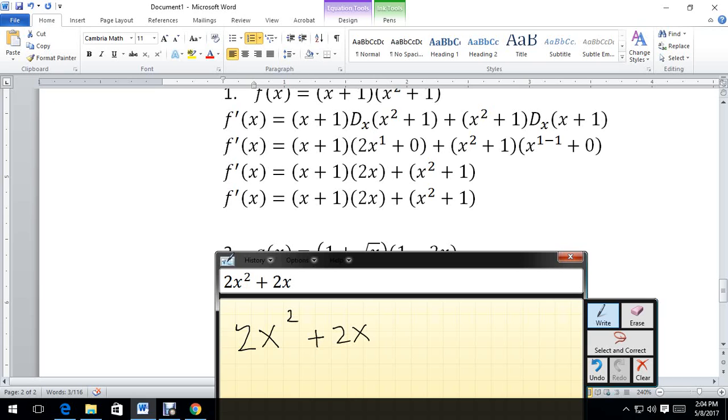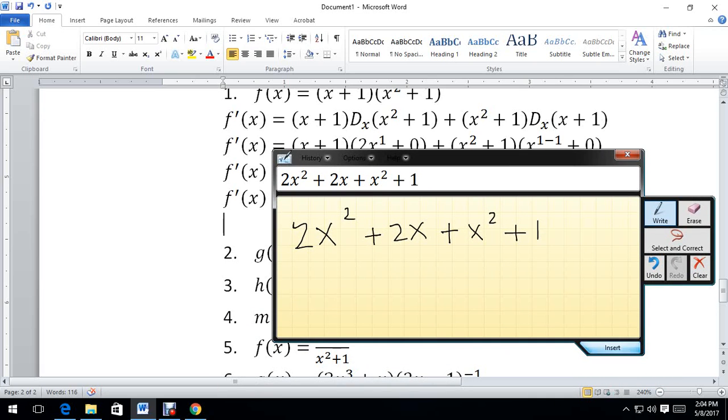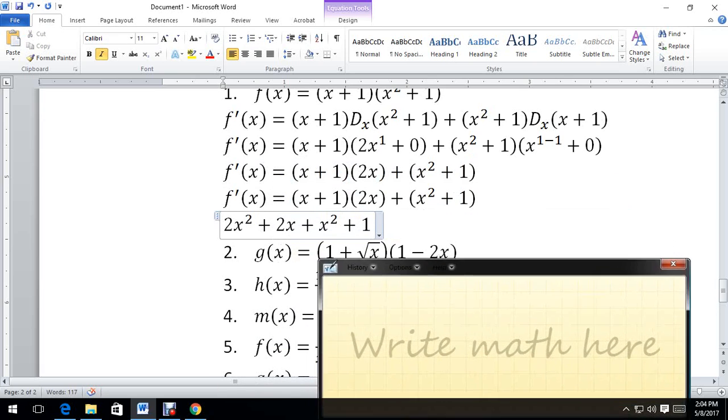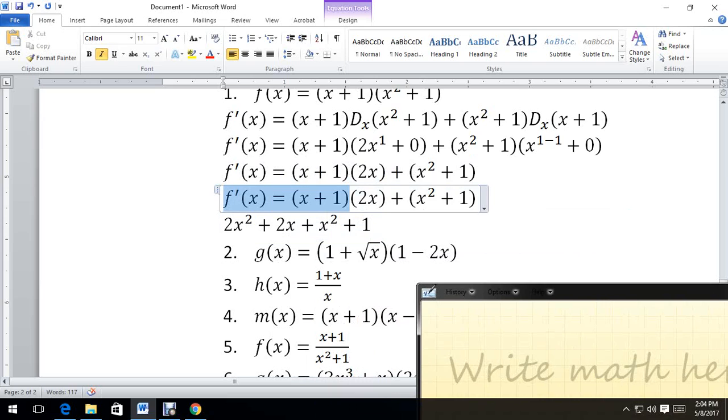And let's just drop the parentheses, then continue with plus x squared plus 1. Okay, so this is actually part of f prime of x.